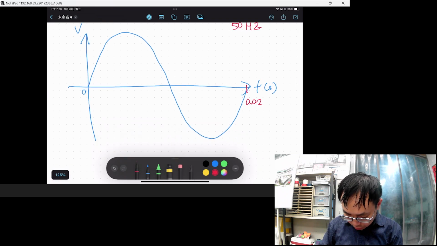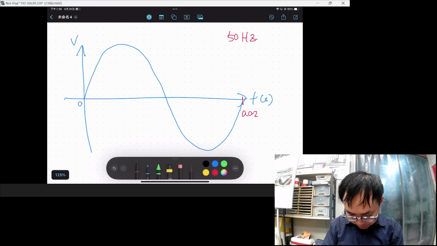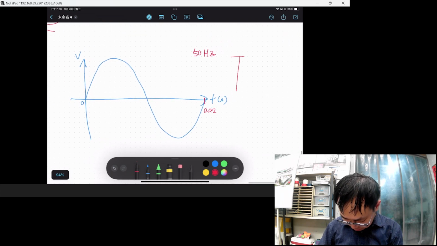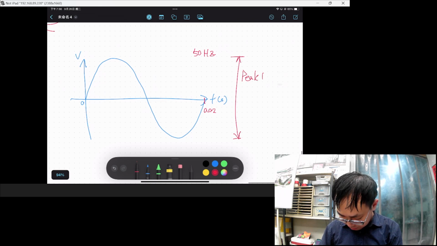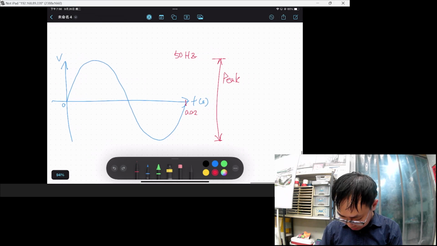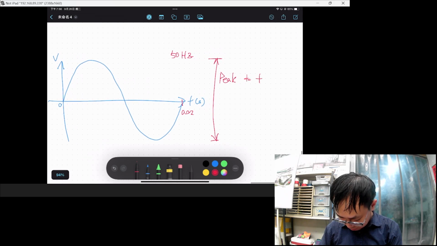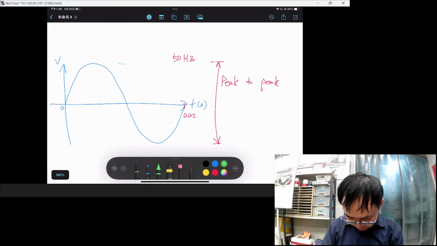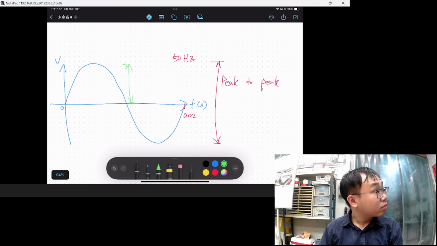So I have introduced to you different kinds of measurement, right? The first one, let me minimize it first. This is peak to peak. This is peak.